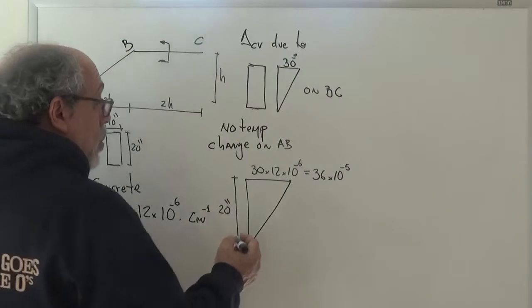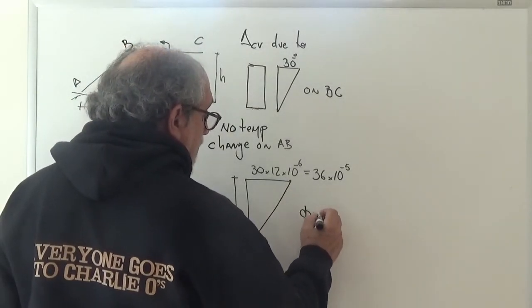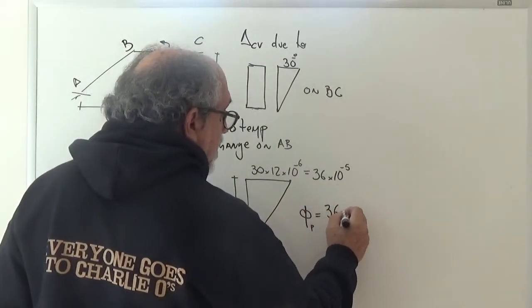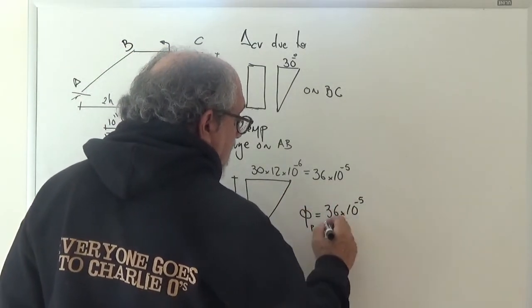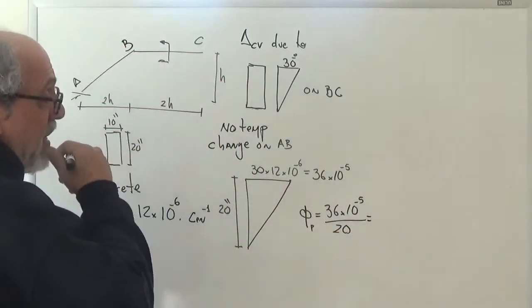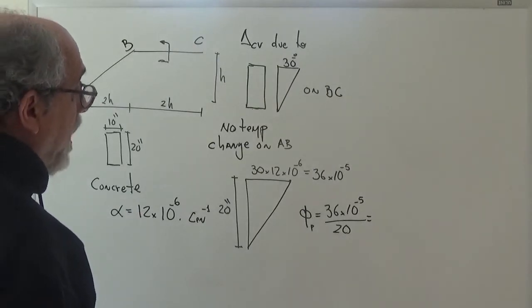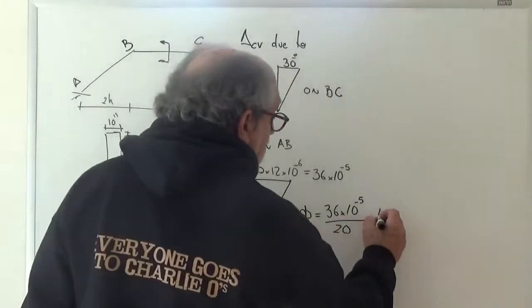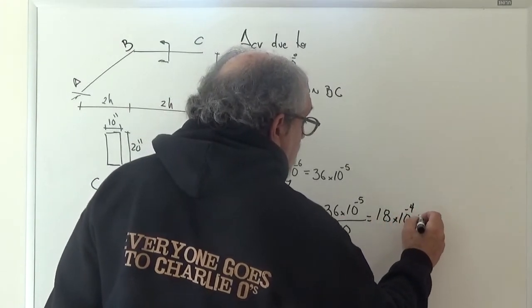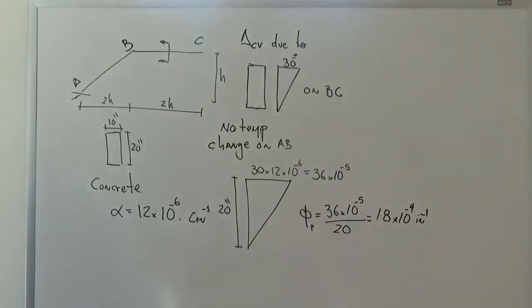So you can go to the formula if you want, but I'm just going to look at it and say that my curvature, due to the loading, is just 36 times 10 to the minus 5 divided by 20. Or the same thing as 1.8 times 10 to the minus 5, or 18 times 10 to the minus 4 inches to the minus 1.